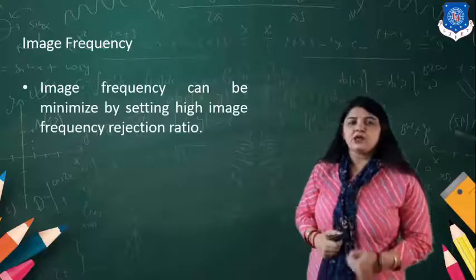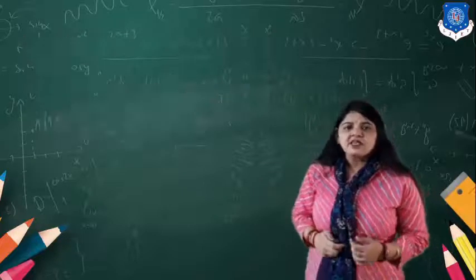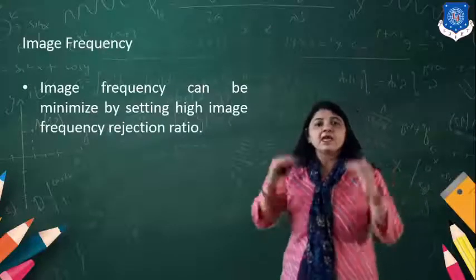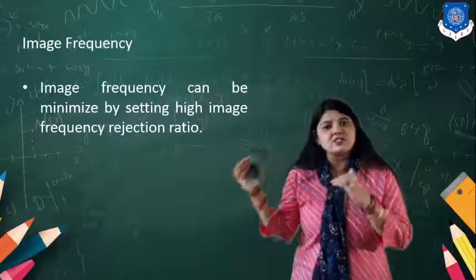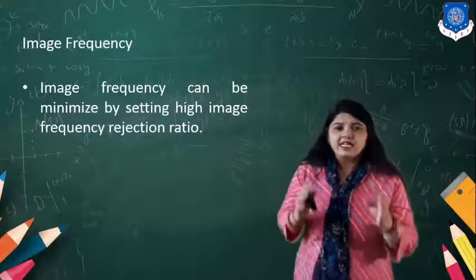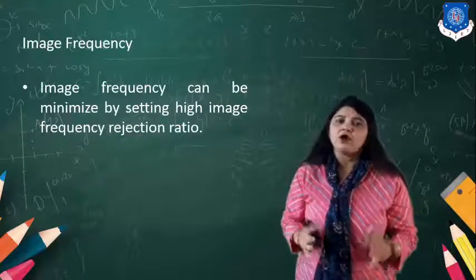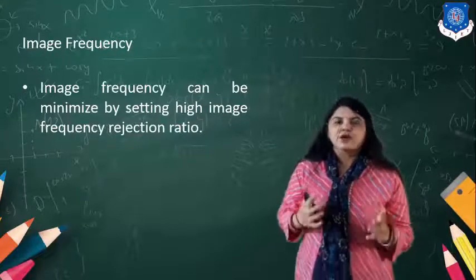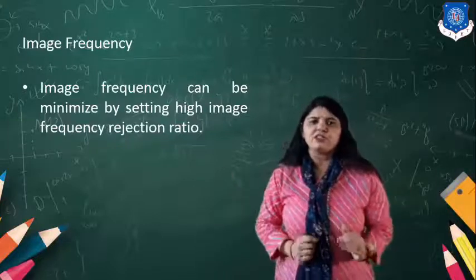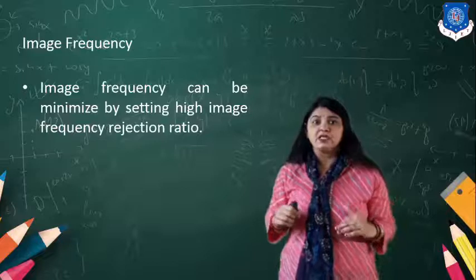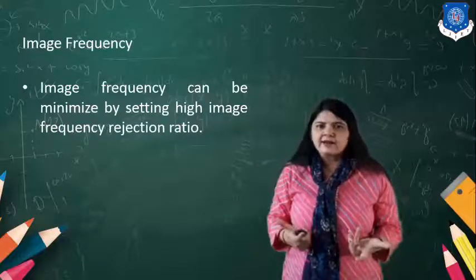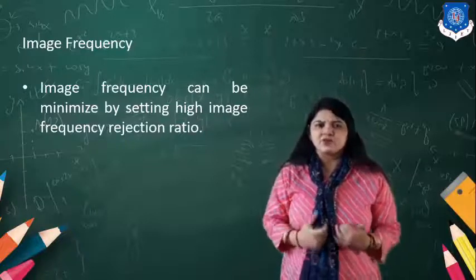So what is the image frequency? The image frequency is a frequency that can appear which is the same as the earlier one. That means on 98.3 you are listening to Radio Mirchi, and then at some other frequency we are again able to listen to Radio Mirchi. This is the image frequency.